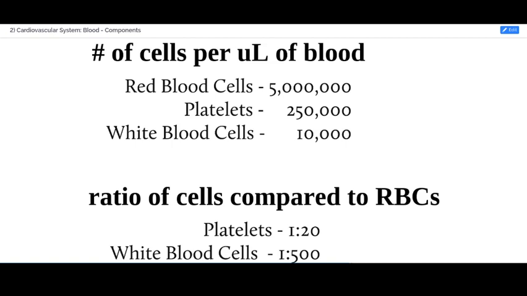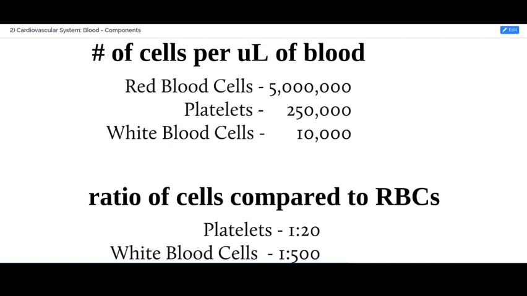Red blood cells are usually between 4 and 6 million. Platelets, I think, are 150,000 to 400,000, and white blood cells in normal situations should be between 5 and 10,000. Lower than 5 is immunocompromised. Higher than 10,000 is fighting off infection.